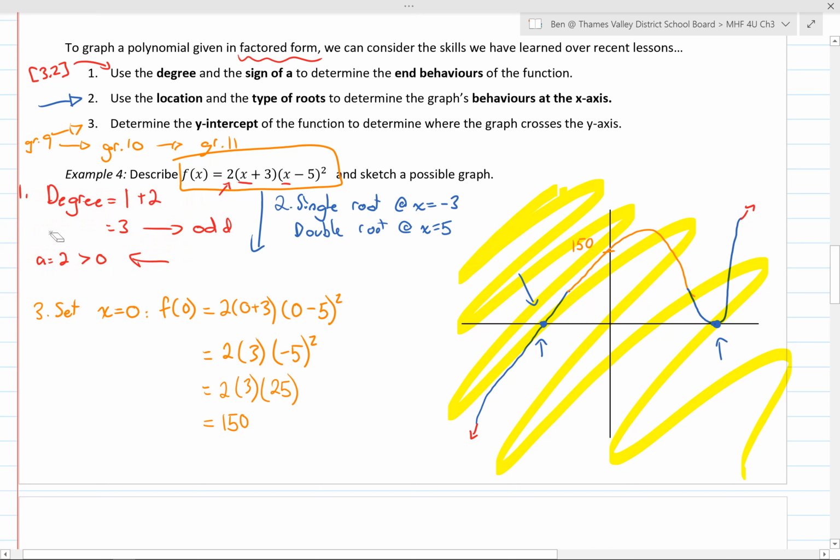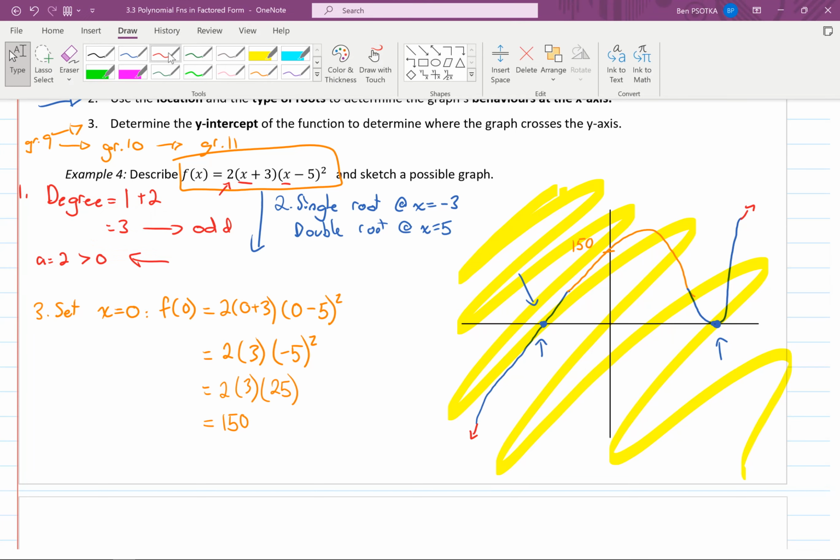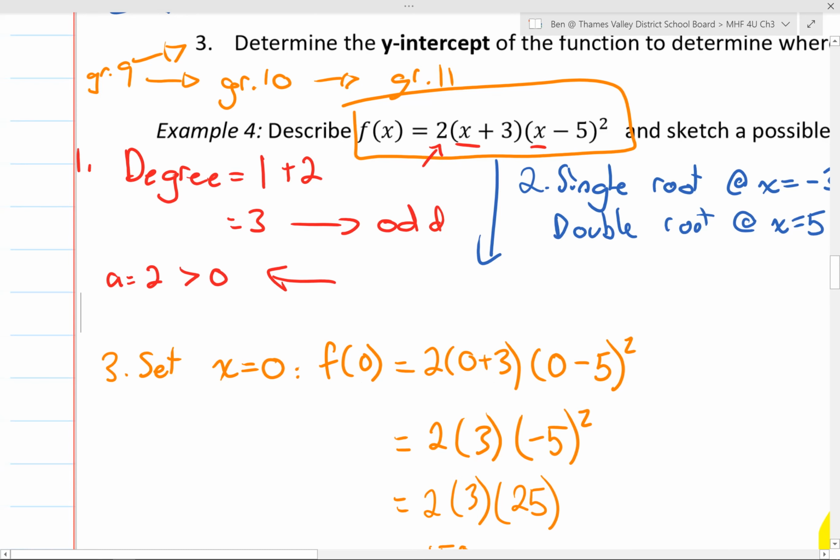You must make sure you're arguing, first of all, what you know. So we know from here our end behaviors, and I did not do a very good job at that because I was busy talking out loud, but that tells us as x approaches negative infinity, y approaches negative infinity, and as x approaches positive infinity, y approaches positive infinity.